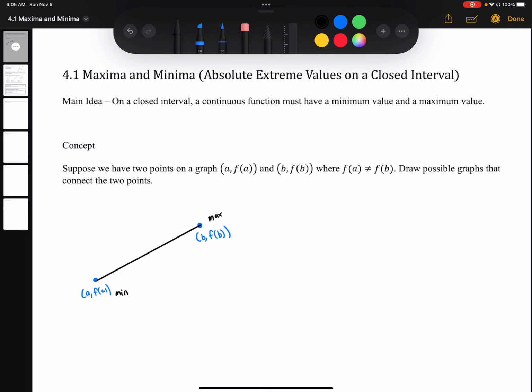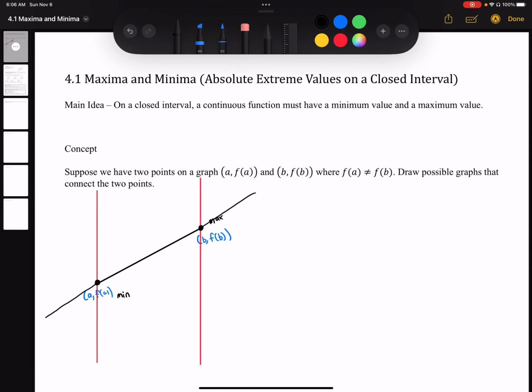So again, we're restricting ourselves to be somewhere between A and B. We can't go outside of that. So it's possible that our graph continues in this direction and in that direction. But all this means is that between A and B inclusive, our minimum value occurred at our left endpoint and our maximum value occurred at our right endpoint. So that's one thing that could happen.